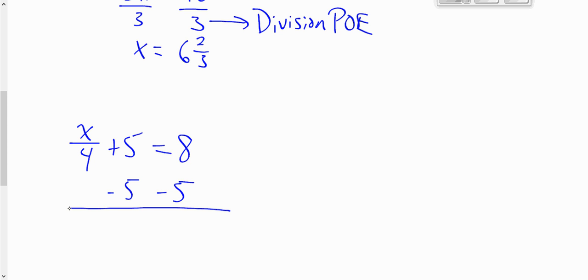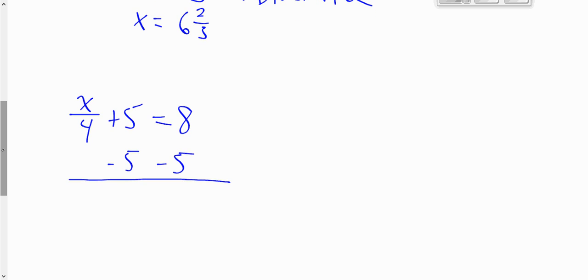And like I said, at this stage you don't always have to show this step, but I want to show it, right? If I just wrote what the next line is after subtracting 5, you all would know what happened, right? At this level, okay? We have some shortcuts built in because we're taking steps up. So this would be the subtraction property of equality.